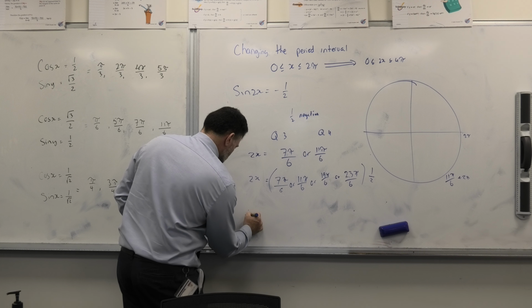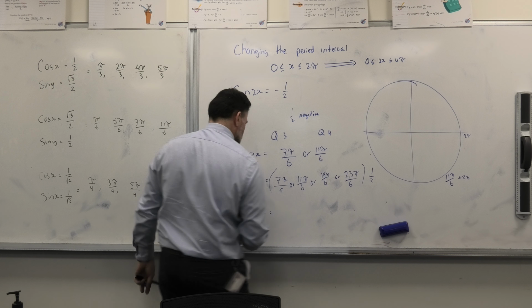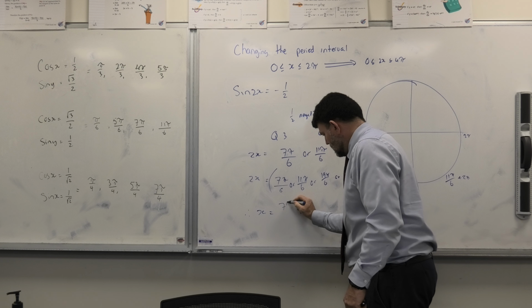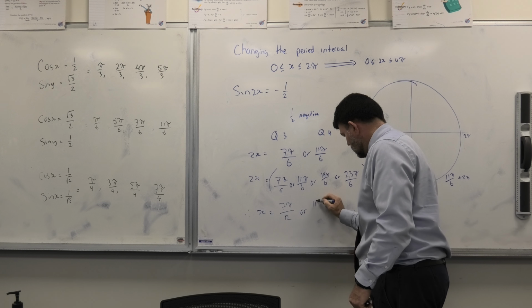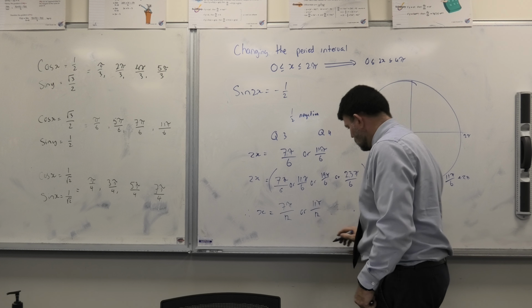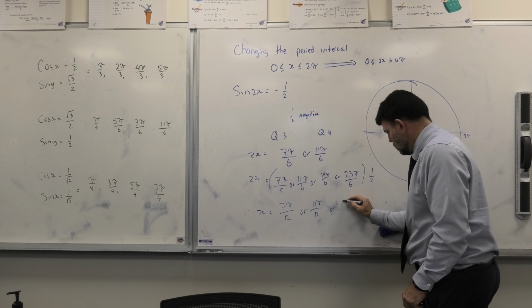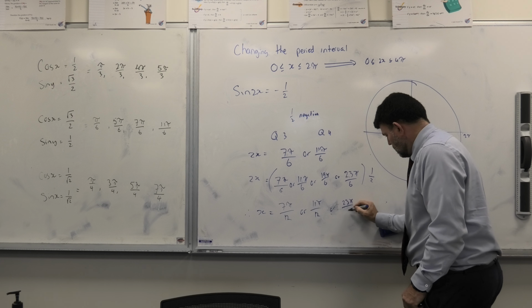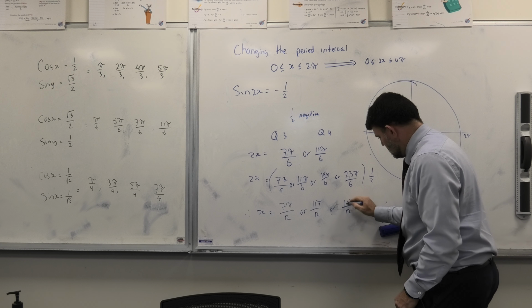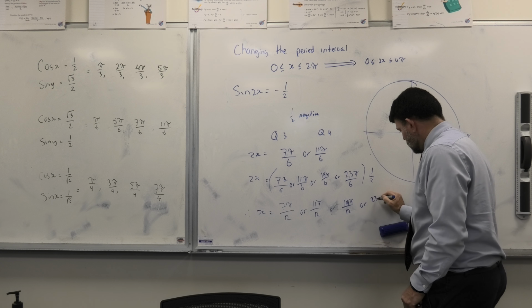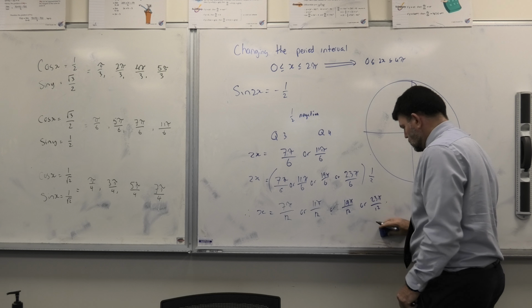So therefore, x would become 7 pi on 12 or 11 pi on 12 or 19 pi on 12, I missed the 19, or 23 pi on 12.